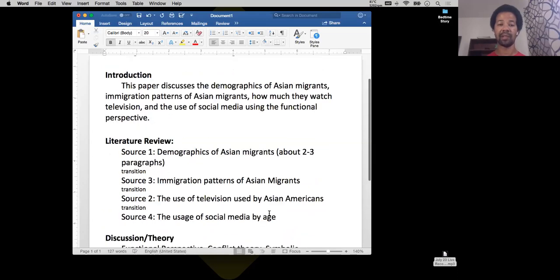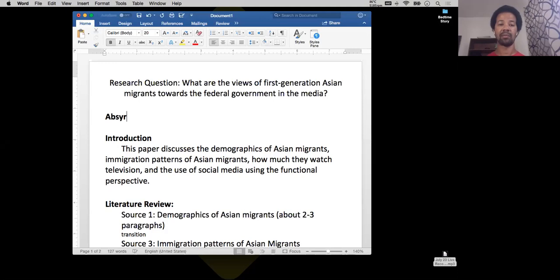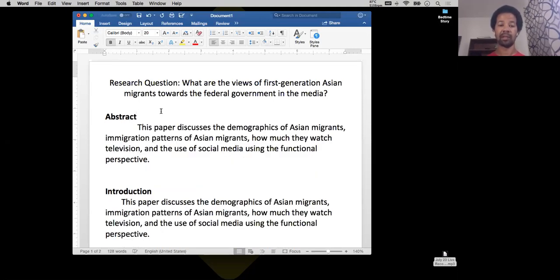After that, then I write the abstract. The abstract is very similar to the introduction and the conclusion. And if you think about the peer-reviewed articles that you found beforehand, you may notice that the abstract summarizes the entire paper.